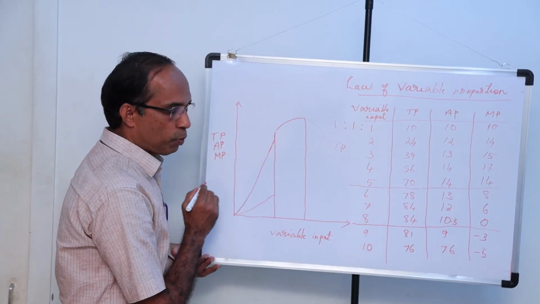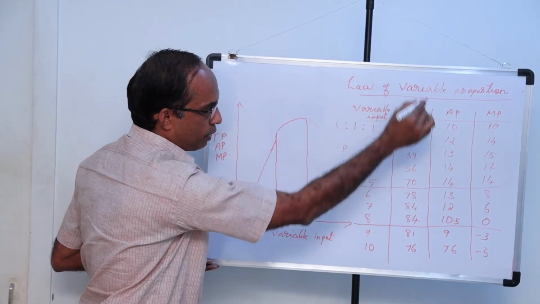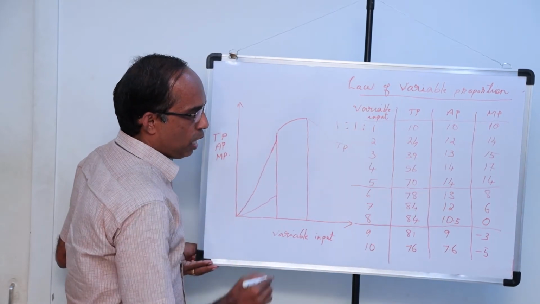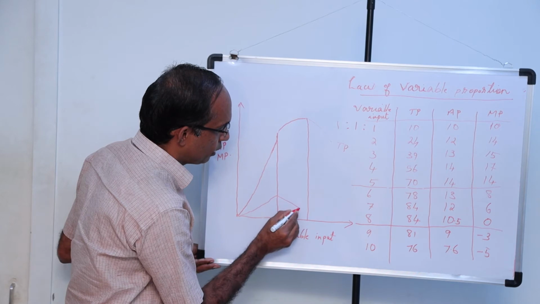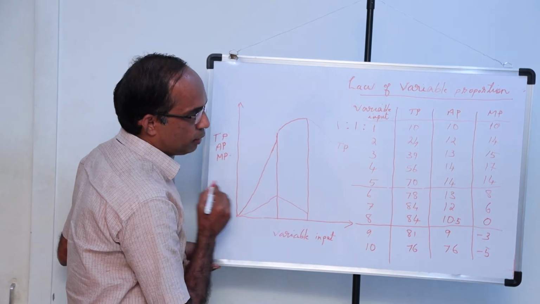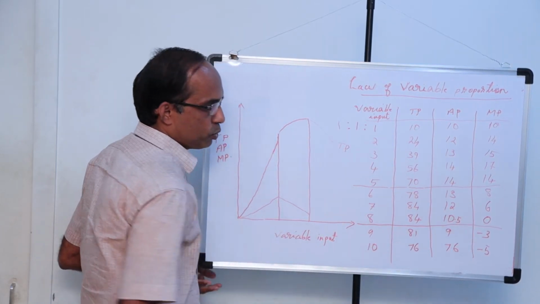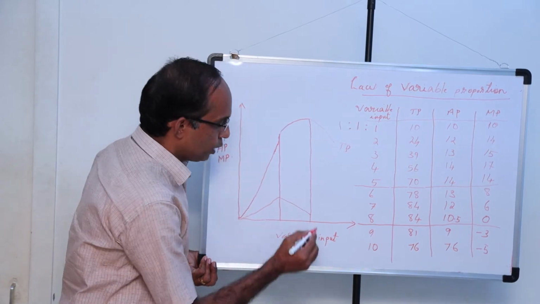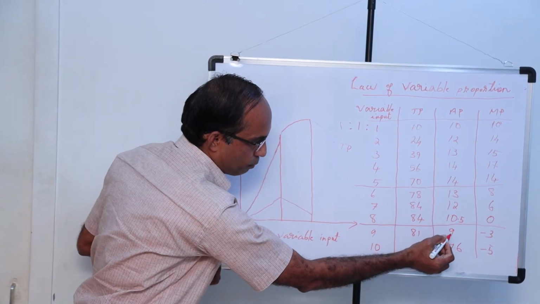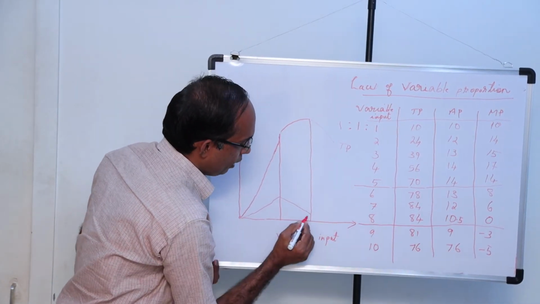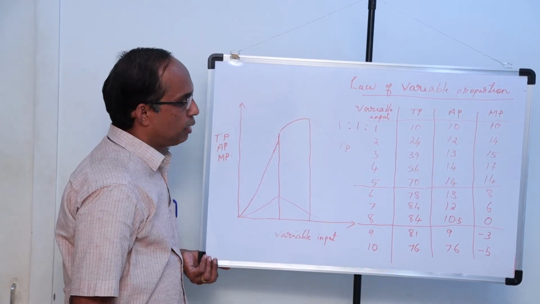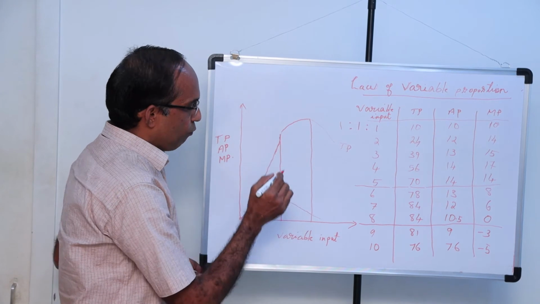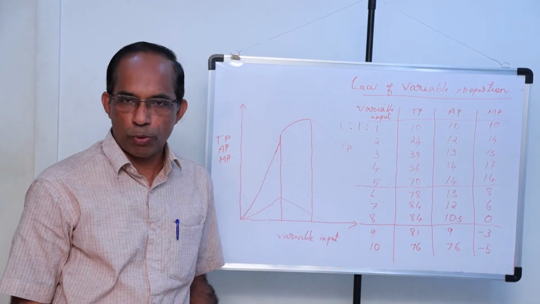This is the average product. Then what happens to average product in the second stage? Average product decreases. Then in the third stage, what happens to average product? Average product again decreases. Right. This is the graphical representation of average product.